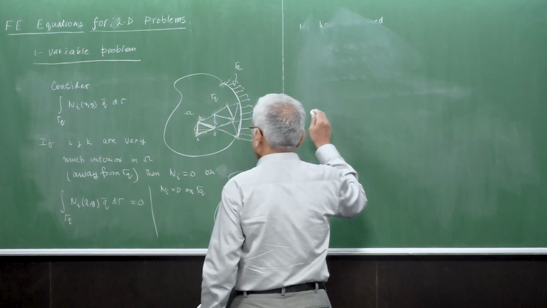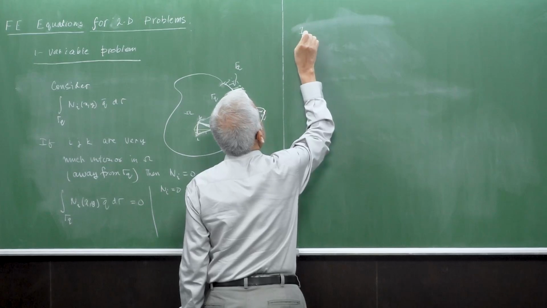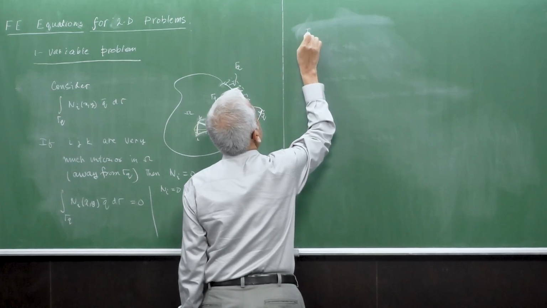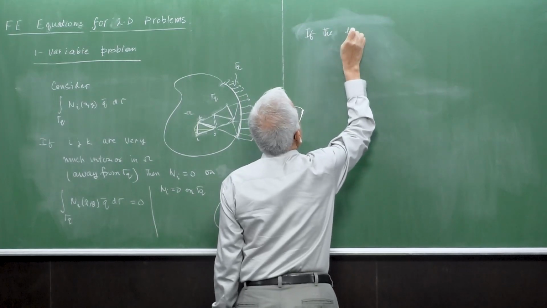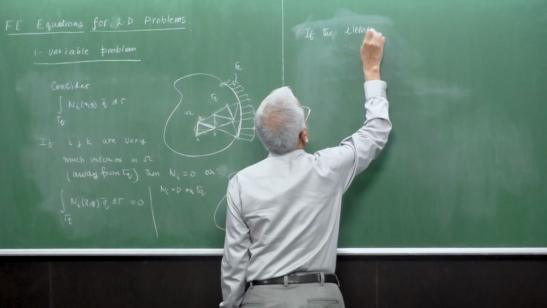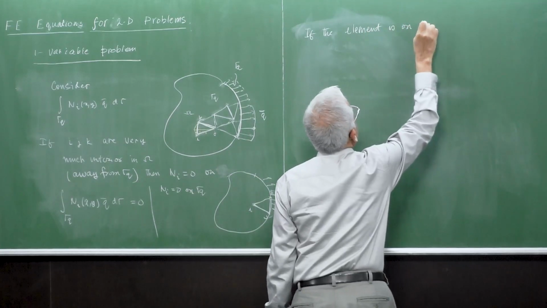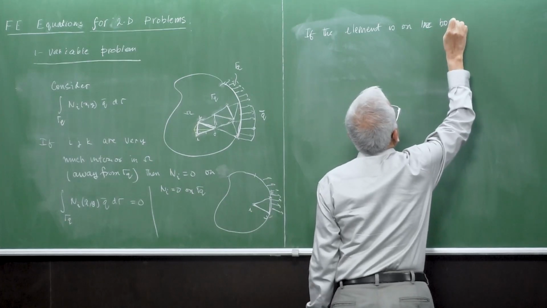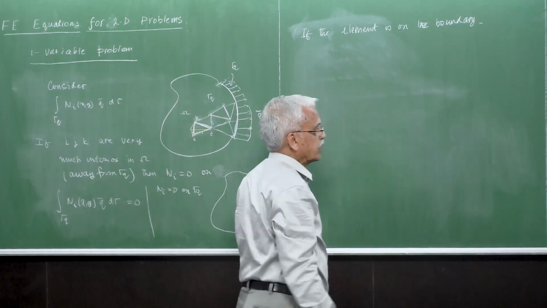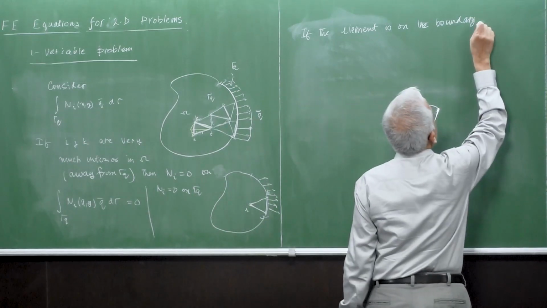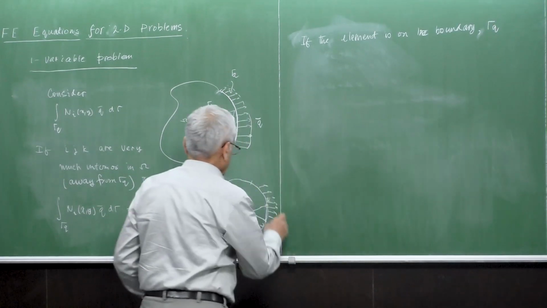So as far as this is concerned, just like earlier, if the element is on the boundary, as shown here on the boundary gamma q, as shown here, right?